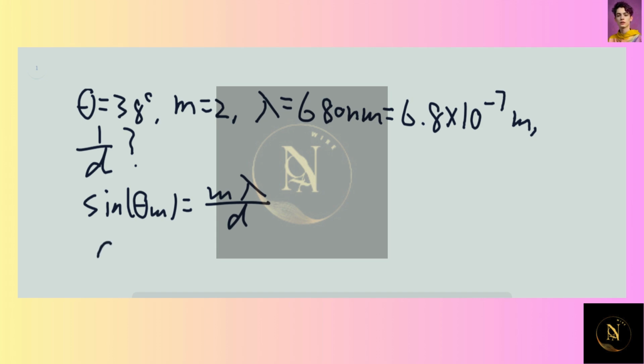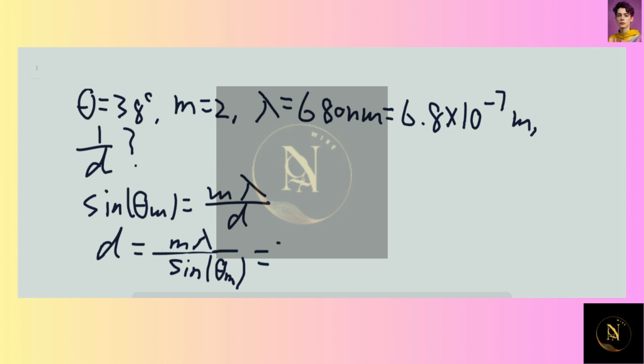So we need to figure out d. The d is actually equal to m lambda divided by sine theta m, and we know that m is equal to 2.